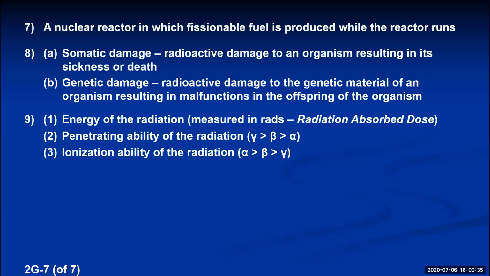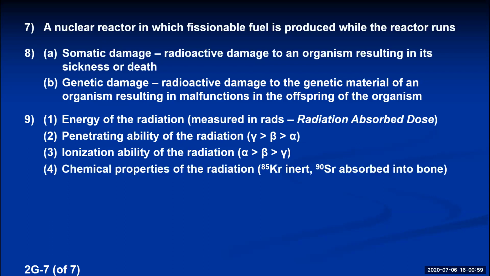Third is the ionization ability of the radiation, and this is actually in an inverse order. Alpha particles, having the higher charge, are able to ionize things they strike more easily, therefore changing the structure of molecules. And if molecules in biological systems are changed or destroyed, that causes a potential problem for the living organism. Then betas, and then gammas. And then finally, the chemical properties of the radiation.